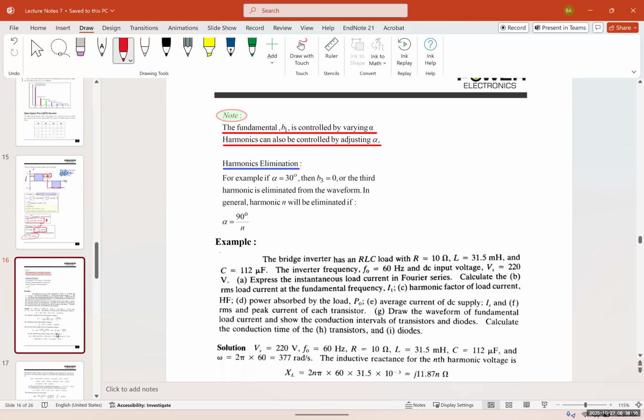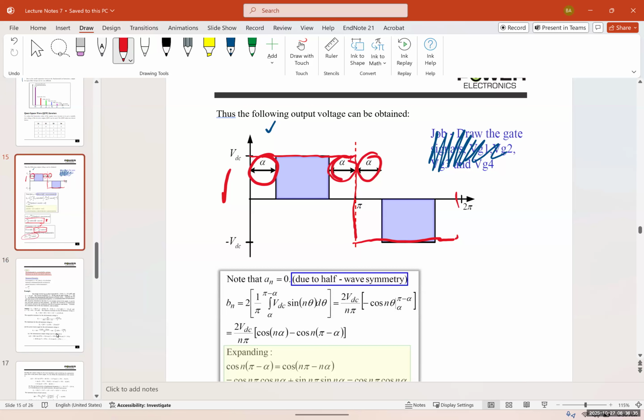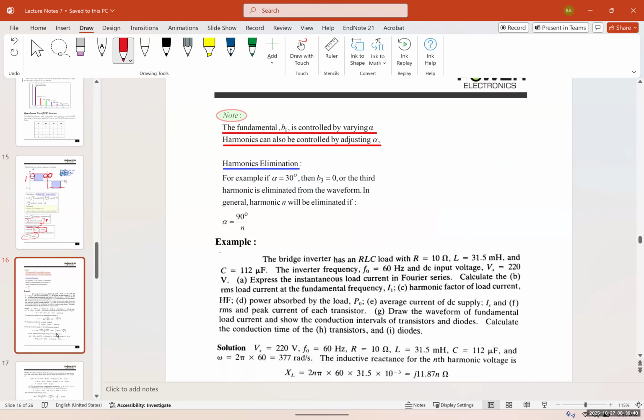So the fundamental B1 is controlled by varying alpha, and harmonics can be controlled by adjusting alpha. So now this gives us another idea. If we are able to delay this positive and negative part of the signal, therefore we can change alpha. Alpha has an effect on harmonics as well.